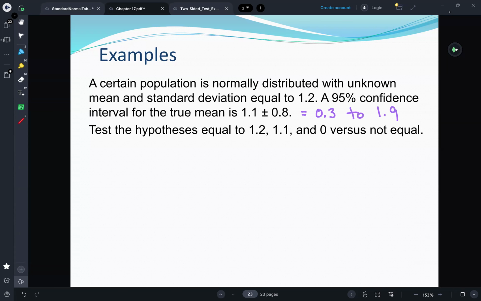Because it's in the form of estimate plus or minus margin of error, I just unraveled that to give me my minimum value to my maximum value. So the full range is 0.3 to 1.9.